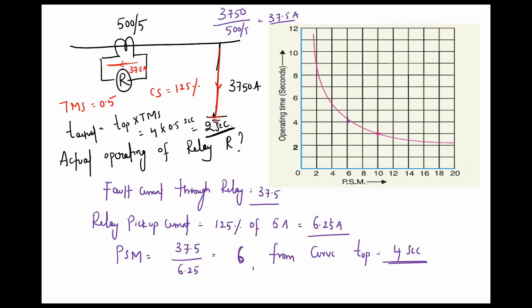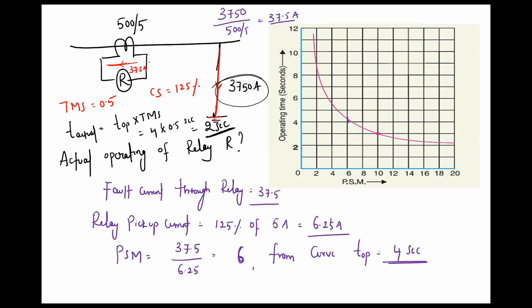So again I am telling you the sequence. First you have to determine the actual fault current in the primary. From the actual fault current in the primary, by using CT ratio, obtain the fault current in the secondary. The third thing you have to obtain is the pickup current of the relay.